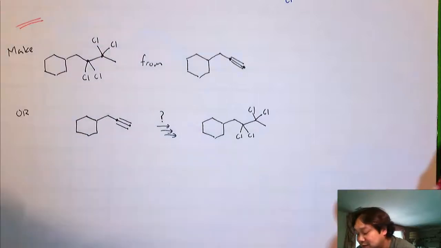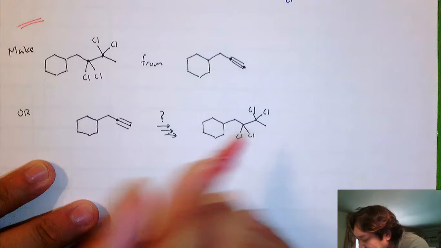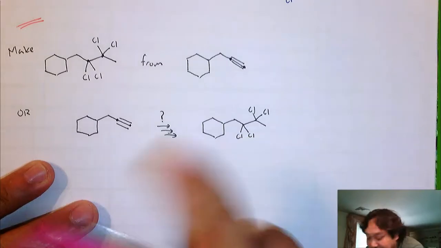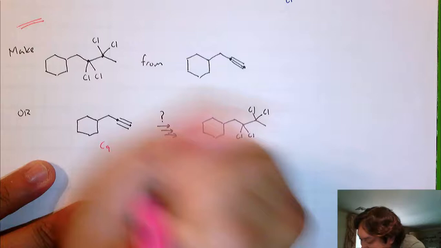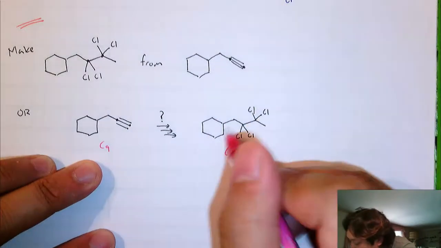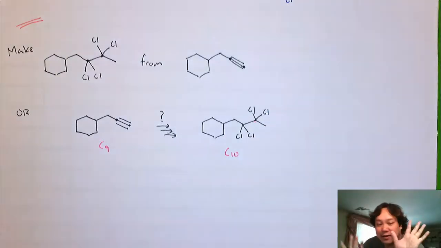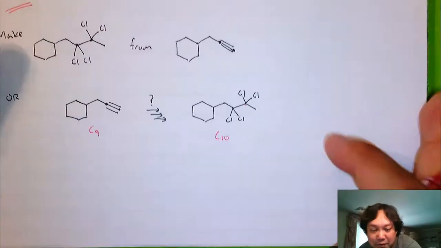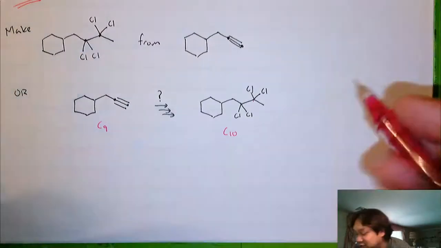The first piece of strategy is that I think we have an extra carbon here. 1, 2, 3, 4, 5, 6, 7, 8, 9. We have a C9 molecule here, and here we have a C10. Everything in pink and green is going to be my notes, my scratch work, and my plan, my strategy.